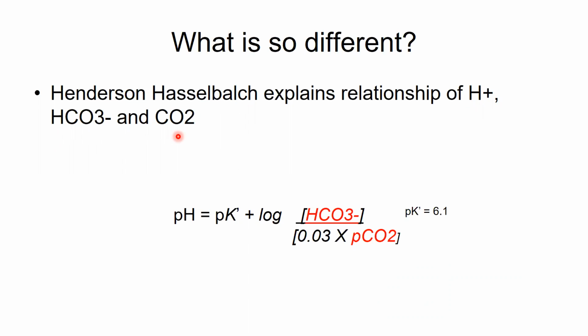And in the non-traditional approach, PCO2 is the only independent variable because it is the only one in this threesome that is independently regulated and affects bicarb and hydrogen ion concentration. And again, here is the equation that explains the relationship of pH to these two variables.